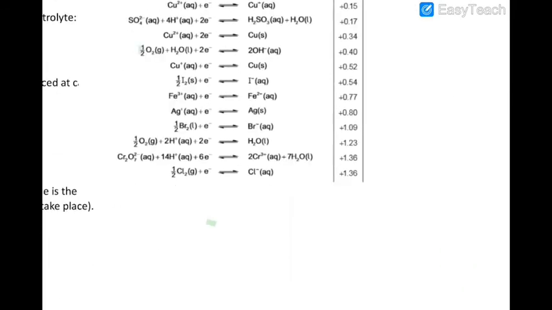So here I have the oxidation reaction of OH-, and here I have the oxidation reaction of H2O. So you see OH- is on the right hand side, H2O is on the right hand side.